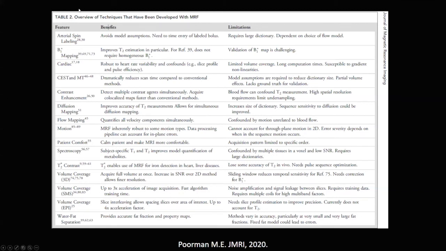It nicely summarizes the technology that has been developed using the MRF based concept, which includes ASL, B1 plus mapping, cardiac, and MT. As I mentioned, based on this very flexible concept, a variety of MRF based sequences can be developed, and different types of tissue properties, apart from T1, T2, such as perfusion and diffusion, have all been studied in this setting.